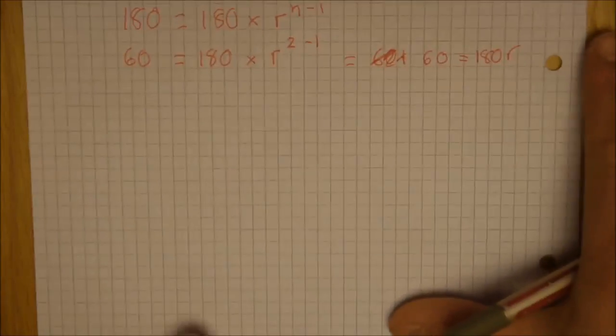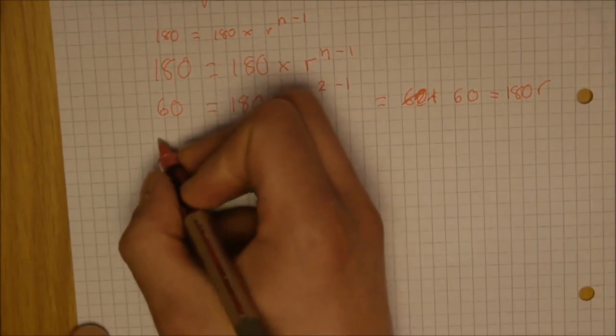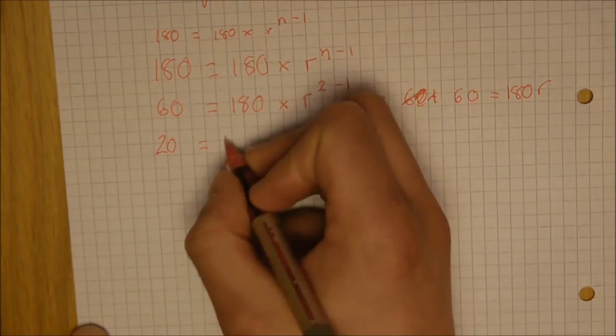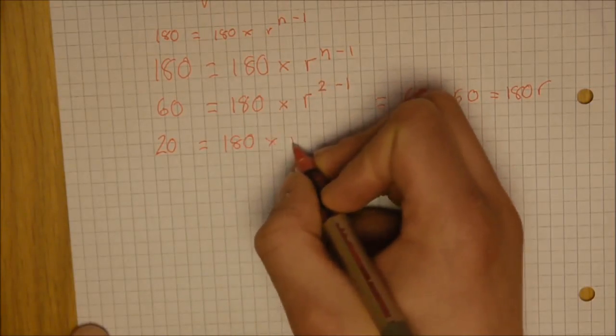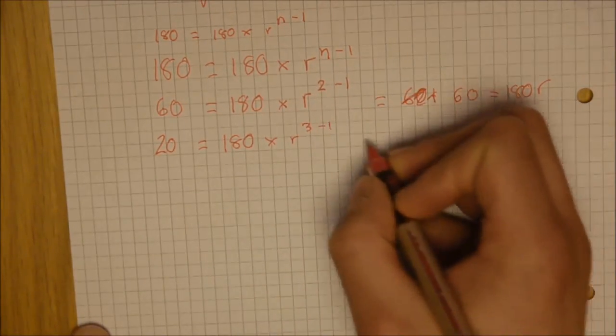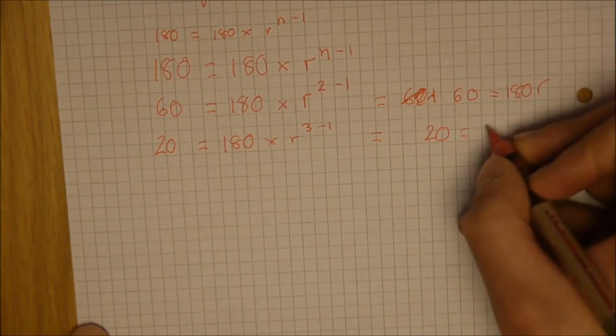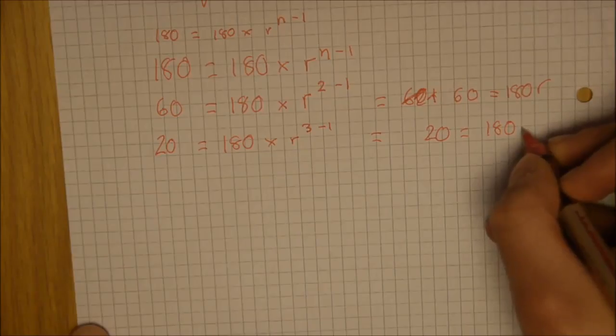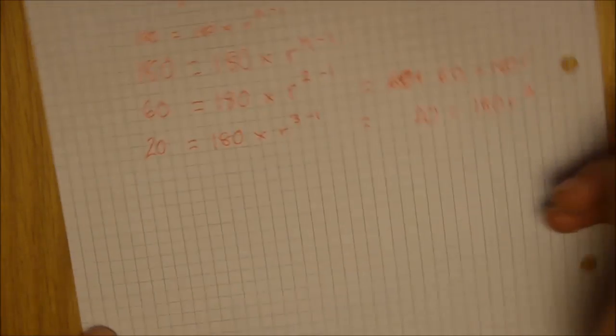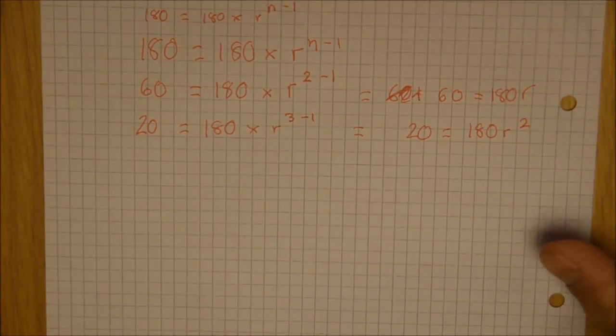And then finally the last term, the 20, equals 180 times r to the 3 minus 1, so 20 equals 180r squared.